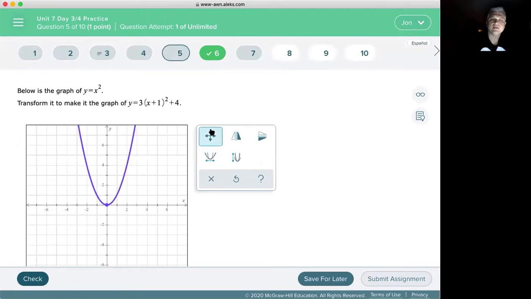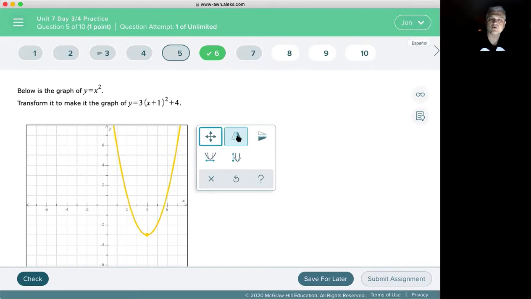So again, this symbol right here, this is going right or left or up or down. Okay? So this will take care of this +1 and this +4. So it'll get you somewhere there. So wherever you go with that, it doesn't matter. Let's say we go over here.